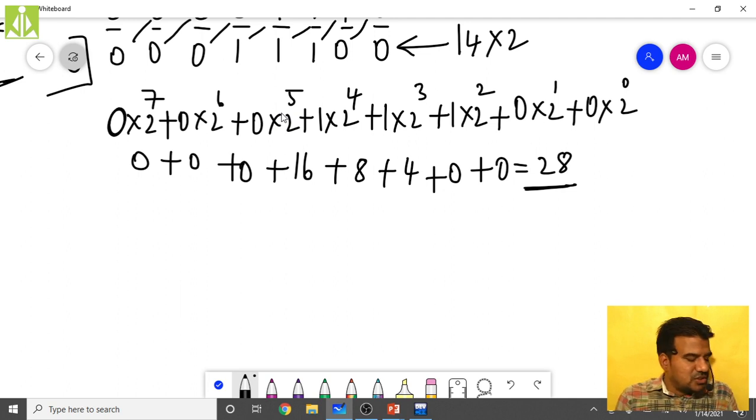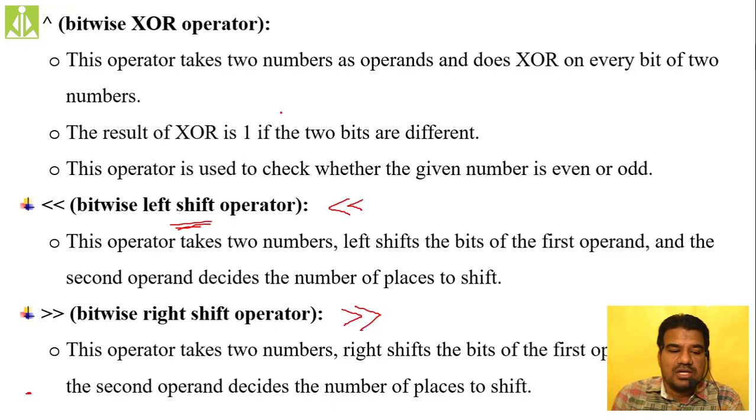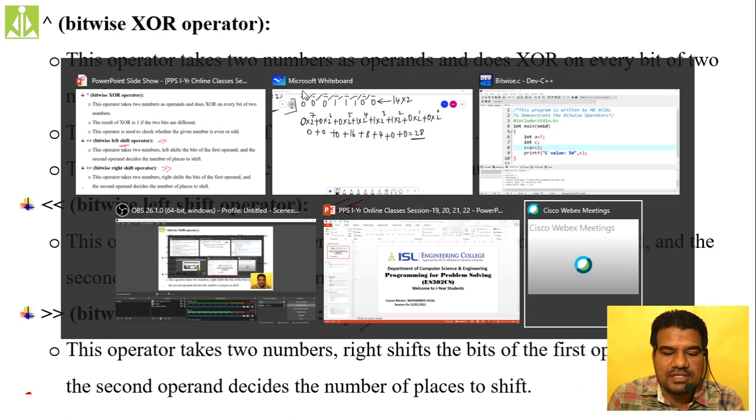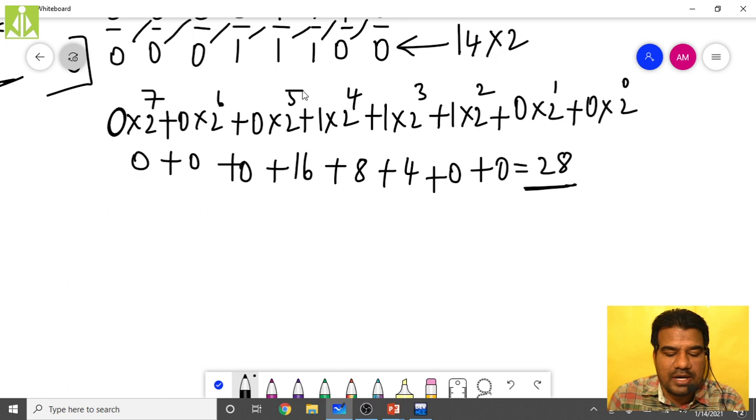Hopefully you understood. So quickly we go and see what other things we have in our discussion. Bitwise left shift we understood thoroughly, clearly. Then we have bitwise right shift. Bitwise right shift operation is exactly similar to the left shift operator.